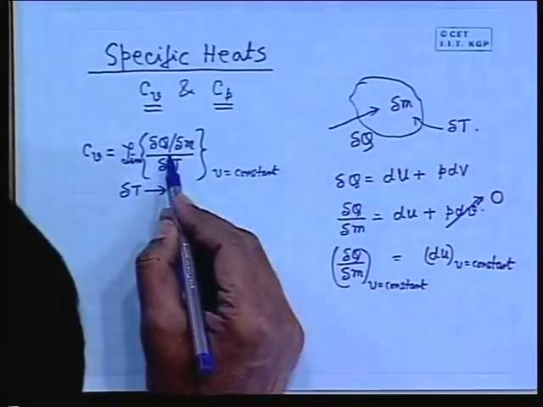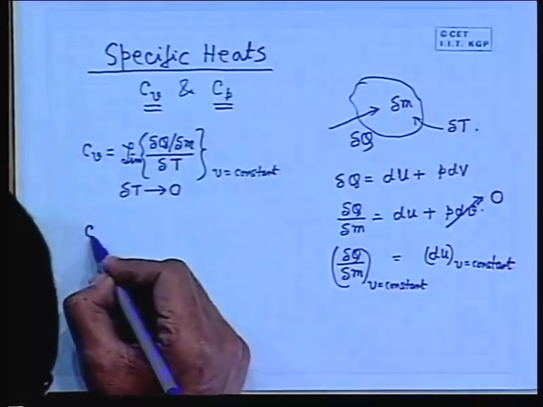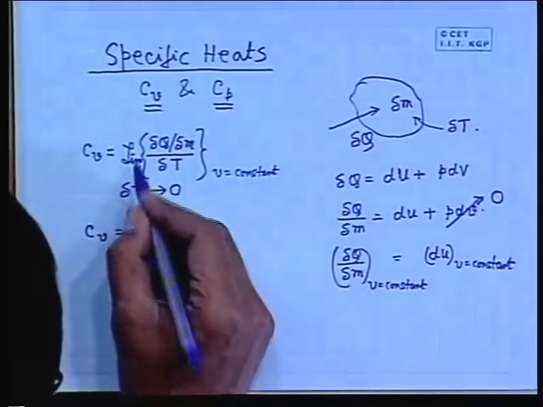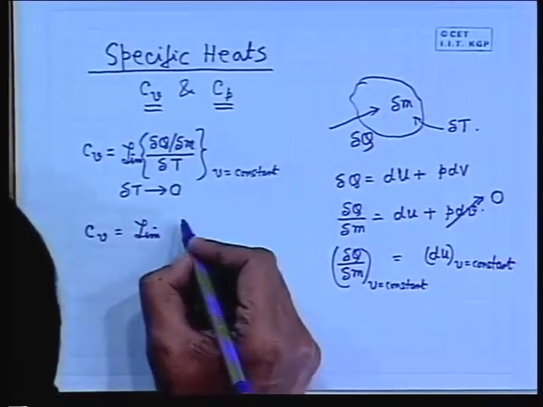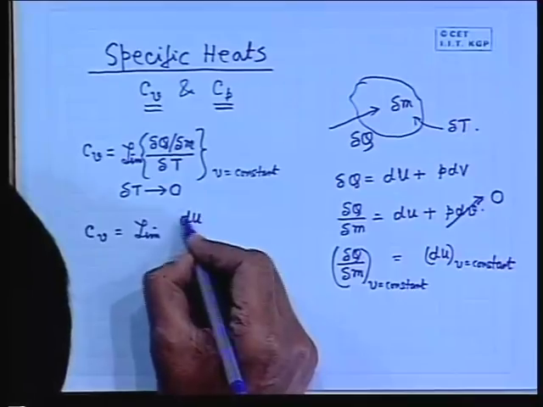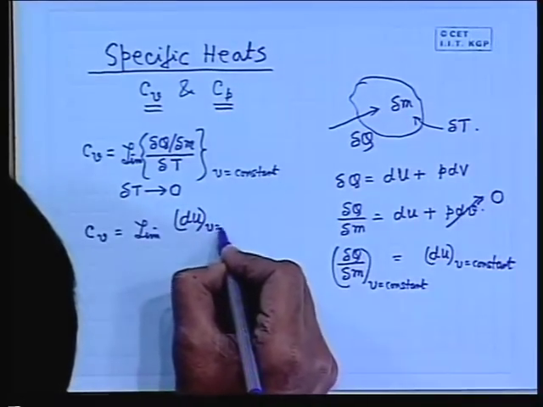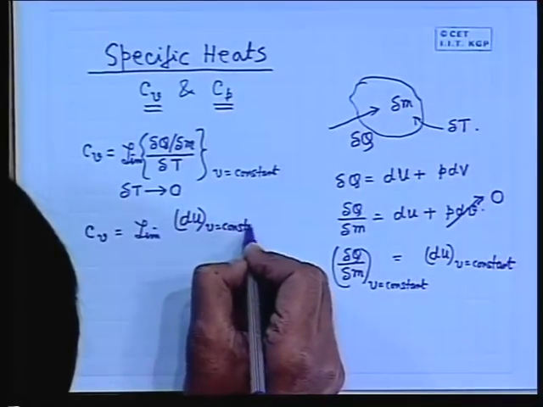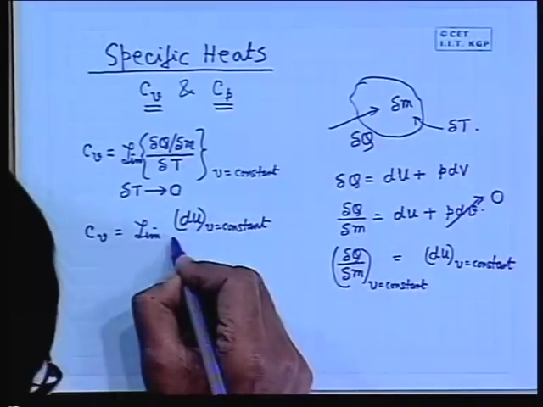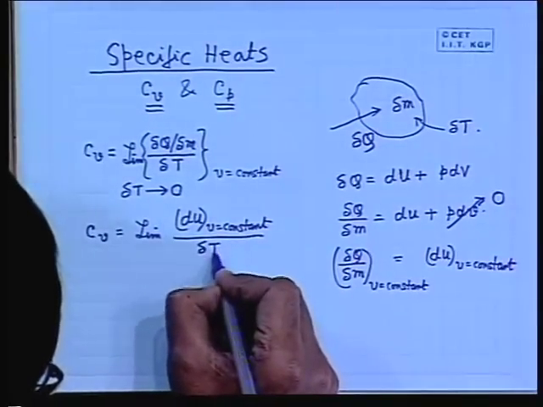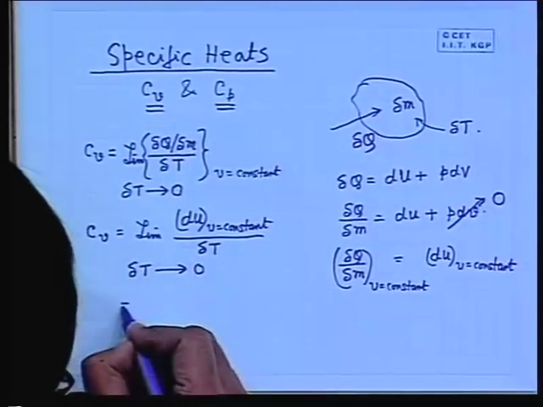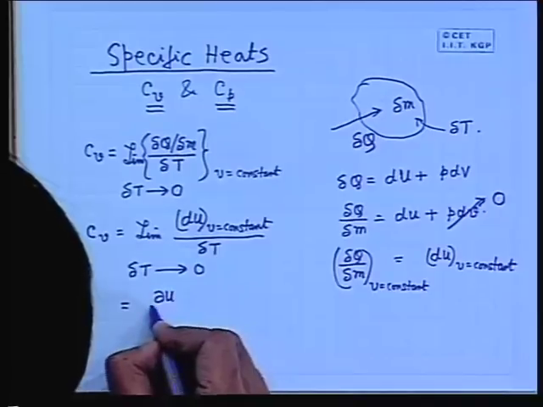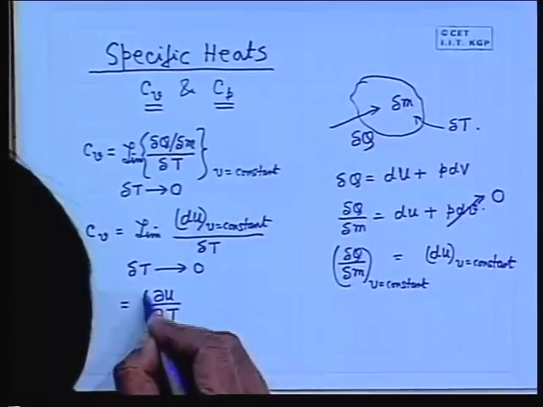So if you substitute this, we get the limit of du at constant volume divided by delta T as delta T tends to 0, which becomes equal to del u del T at constant volume.